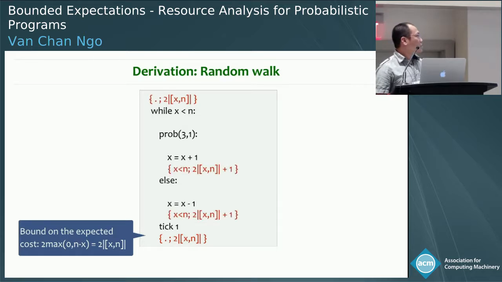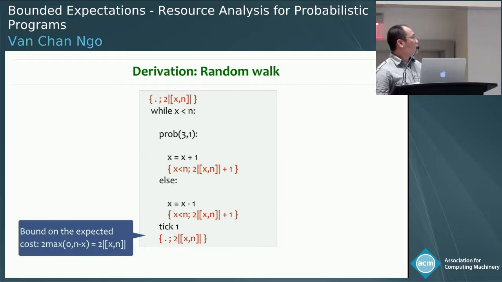We note that we also prove that this potential function is a loop invariant. Because the tick 1 here consumes 1 resource unit, at the end of the probabilistic command we need the potential function 2 max(0, n minus x) plus 1, because we need 1 here to pay for this computation, right?